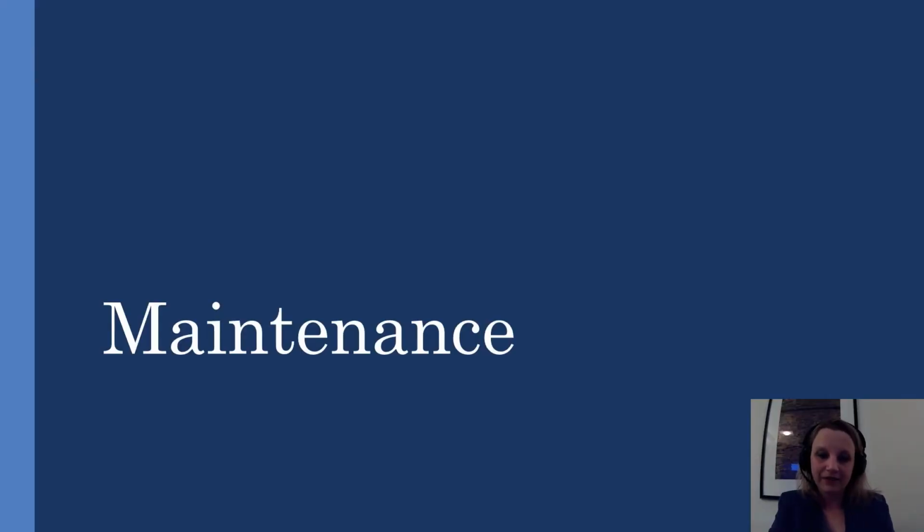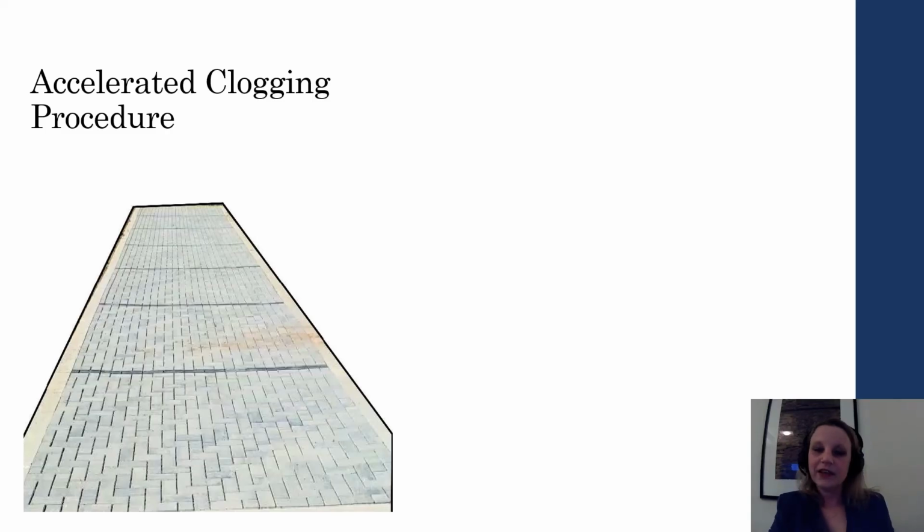In the second half of this presentation, I'm going to talk about some research findings that my group has done at the University of Toronto, assessing the different options that we have for restorative maintenance. In this study, we wanted to directly compare different approaches for maintaining a clogged permeable pavement.